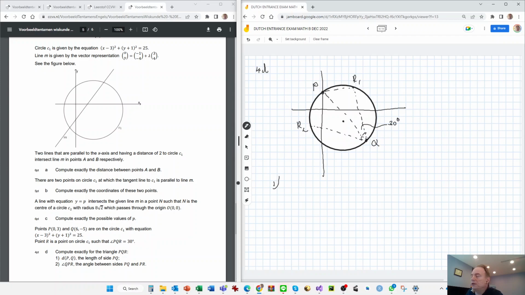We can just immediately calculate, so the D, at least that part is easy, is, let's say, 0 minus 6 squared plus 3 minus negative 5 squared, and then the square root is 6 squared plus 8 squared, is the square root of 36 plus 64.